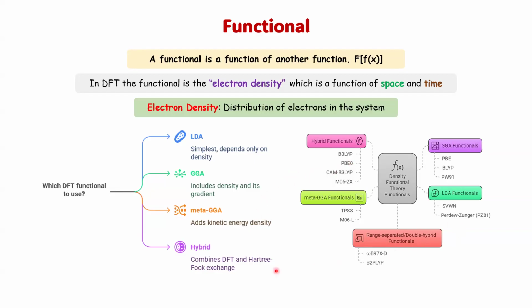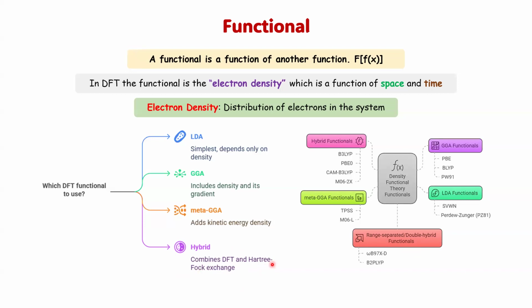And the fifth one: you can call it a range-separated functional, or a double hybrid functional. Along with the parameters used in hybrid functionals, we consider the Hartree-Fock exchange and the GGA and meta GGA correlation. Along with that, we also consider one more extra factor, the second order perturbation theory.